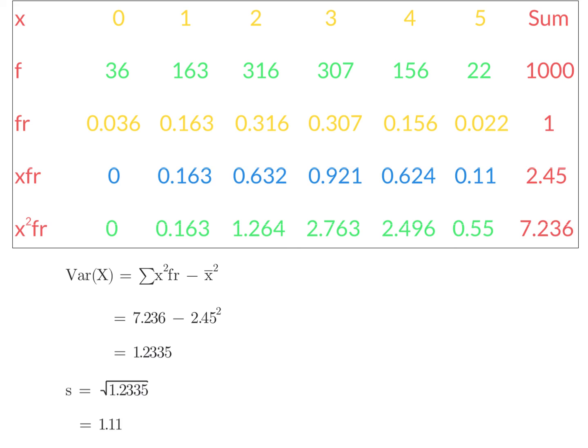Continue that across and you get a sum of 7.236, giving us a variance of 7.236 minus the mean squared, which was 2.5 squared, giving 1.2335. That's our variance, and our standard deviation is the square root of that, which is 1.11.